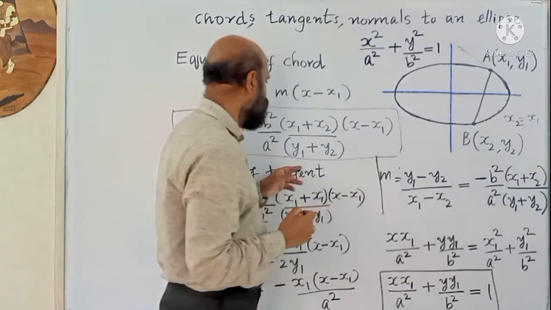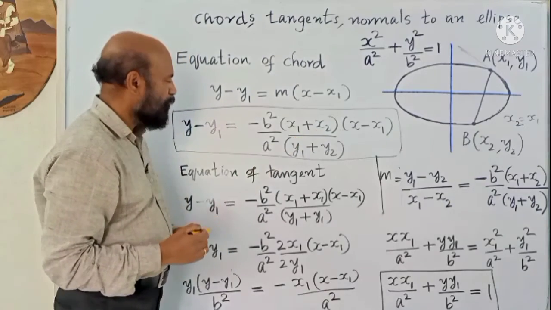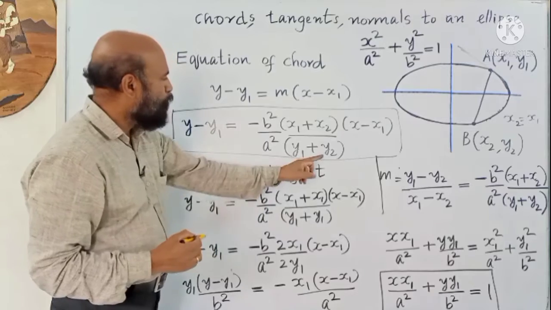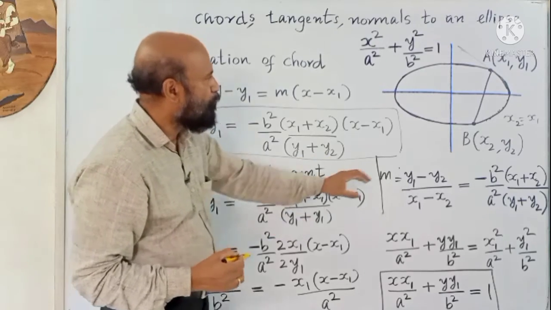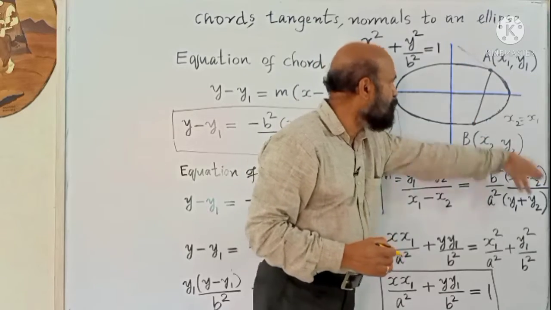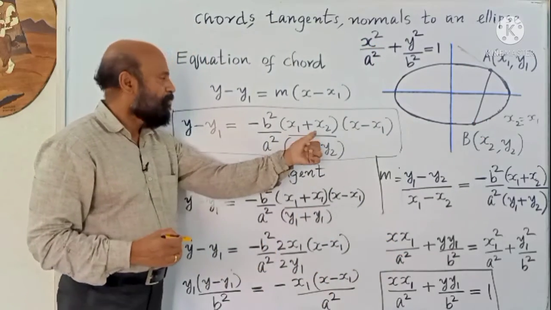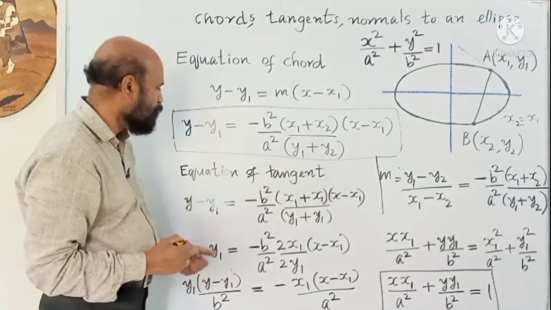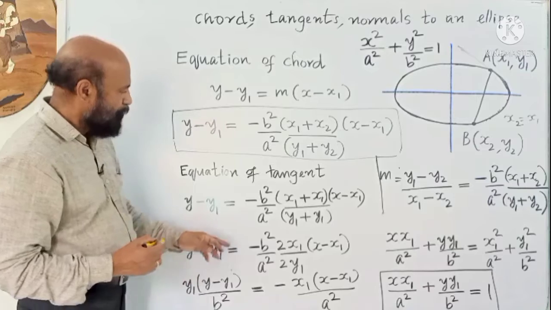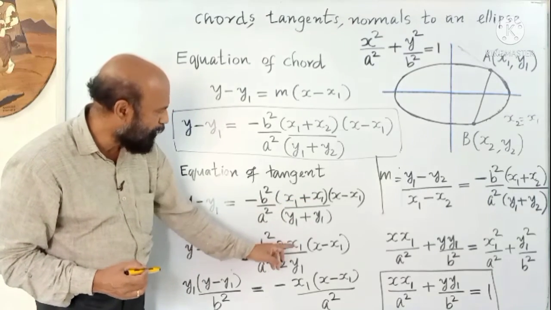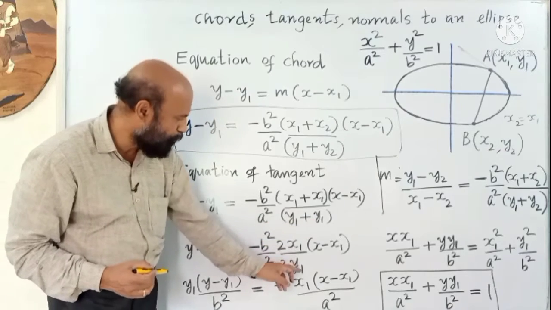So in this expression, wherever x2 is there, you write x1, and wherever y2 is there, you write y1. When these points coincide, the chord will become a tangent. Now x1 plus x1 is 2x1, and y1 plus y1 is 2y1.